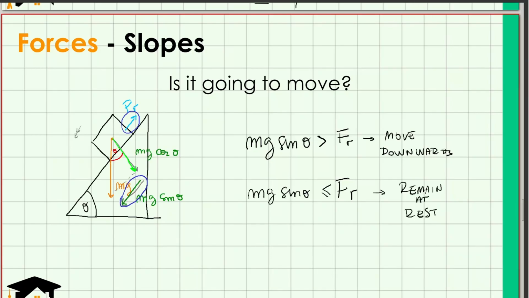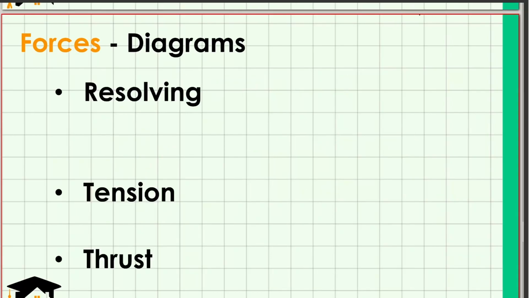So now let's see some other situations like this one. So in general, if we have a force F that's inclined in a slope of theta, then we will have these two forces. The horizontal one, in this case, is adjacent to theta, and so it's going to be F times the cosine of theta. And the vertical is the opposite of theta, and so it's going to be F times the sine of theta.